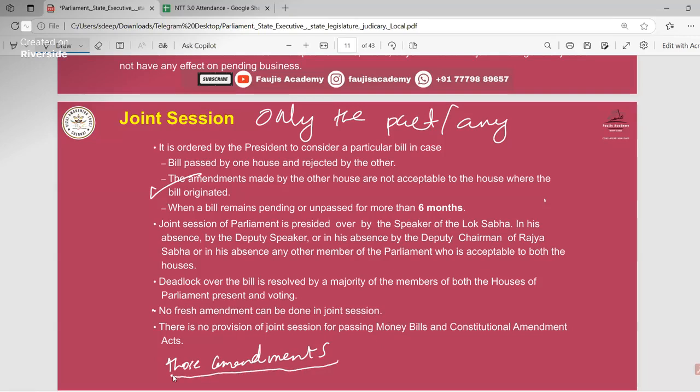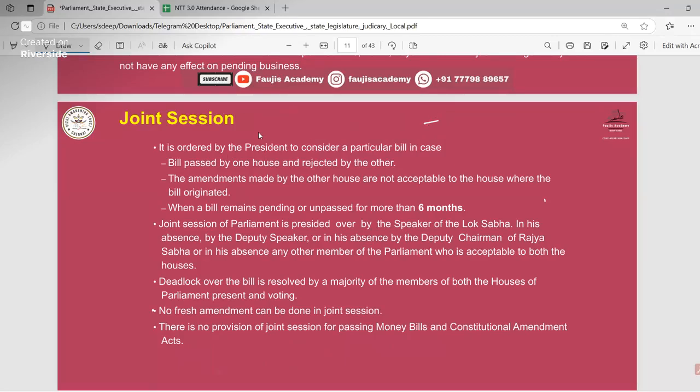There might have been a necessary amendment for this bill, which should have been enacted so that this bill could have been passed in the previous session itself, but those amendments were not enacted. So those amendments can be carried out. So only these two types of amendments are allowed: one which arises from the deadlock, and the other which is required so that the bill can be passed.